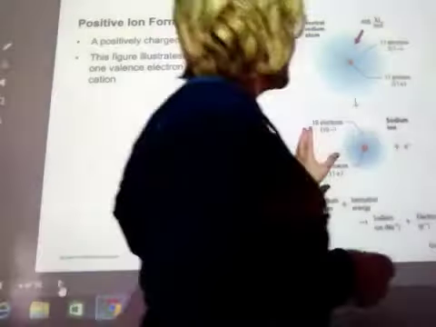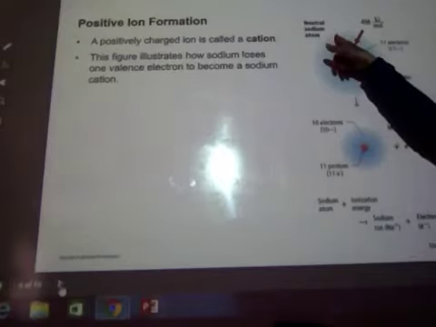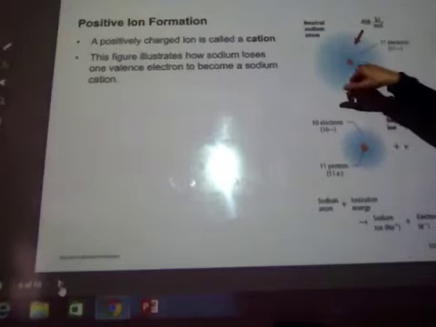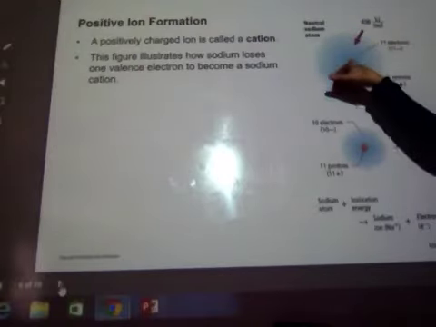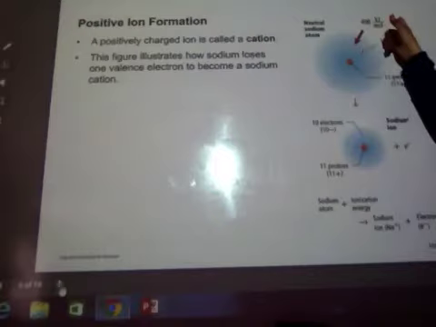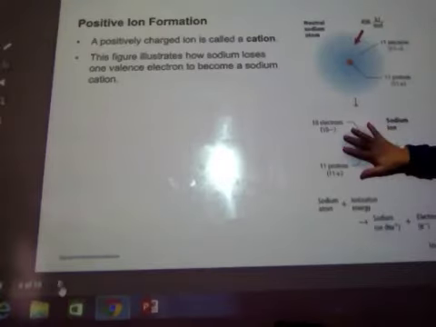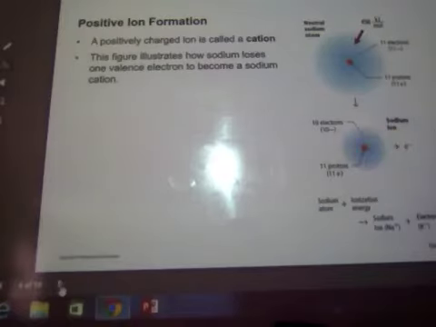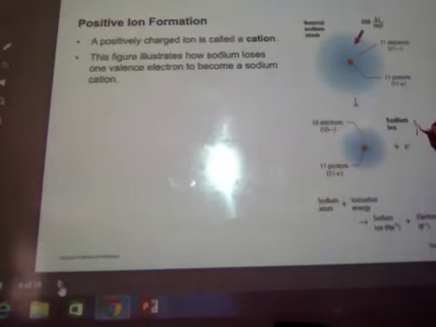So if I look at the diagram over here, it's using sodium as an example. Sodium's a metal. So it has 11 protons and 11 electrons, which makes it neutral. Its ionization energy is 498. What happens is sodium is going to form an ion so that its valence electrons get to 8, so it is going to lose that one valence electron.